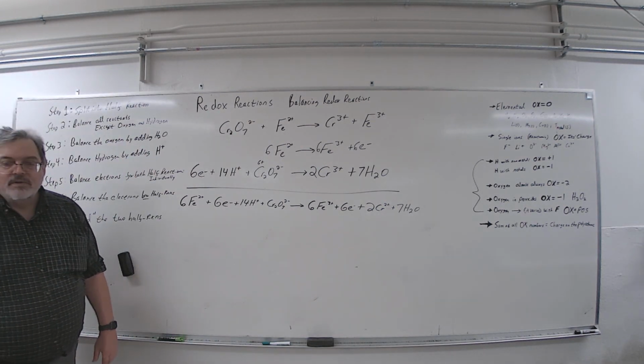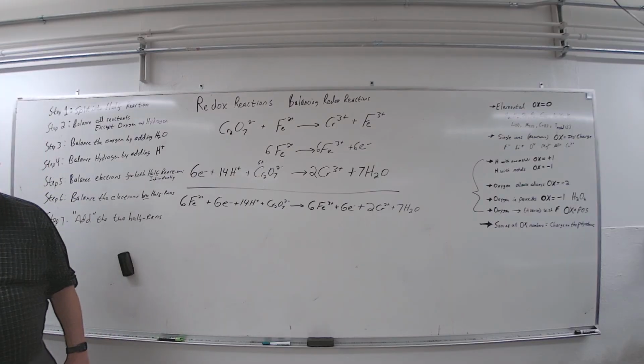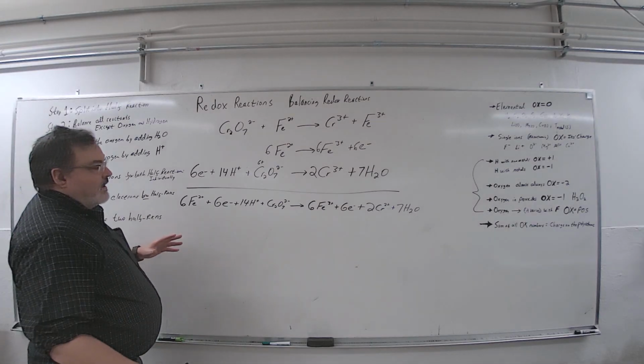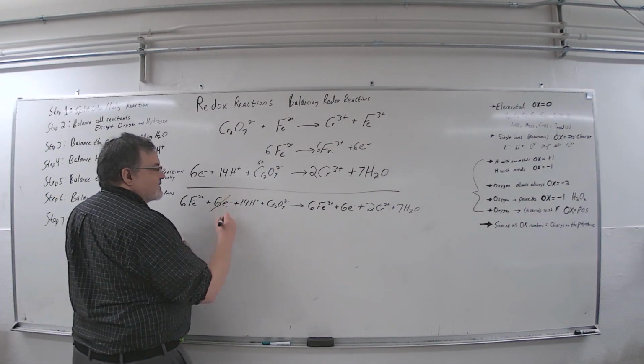It's the same thing we were doing when we did total ionic reactions to reduce them down to net ionic reactions. Anything that's on the left side that's also on the right side, I can cross it off. And basically the only thing I can do that with here is the 6 electrons.